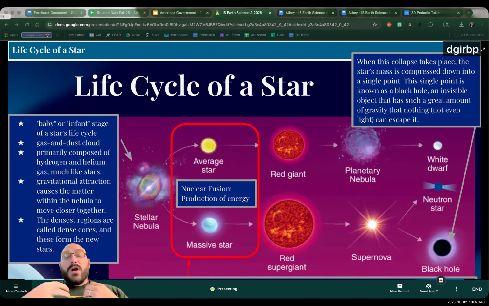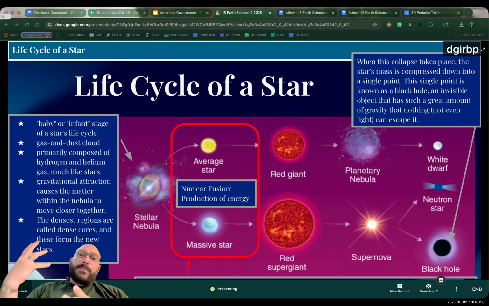So our star is going to become a red giant, then run out of carbon and pull back in until you get what's called a nova, a small explosion. What's left is a white dwarf with what's called a planetary nebula, the leftovers that got spit out in that smaller explosion.